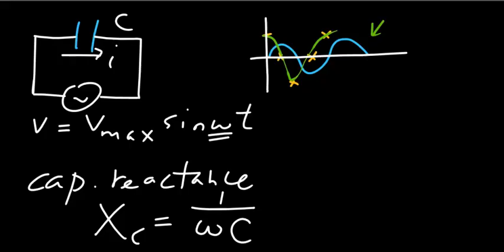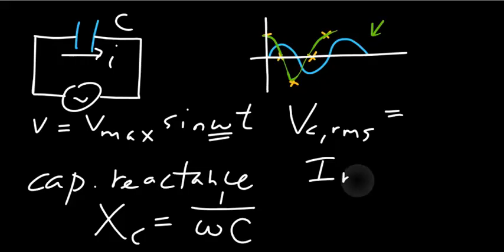The RMS voltage in this circuit is related to the RMS current through the capacitive reactance, like that.